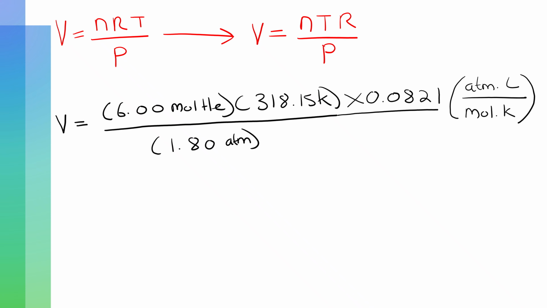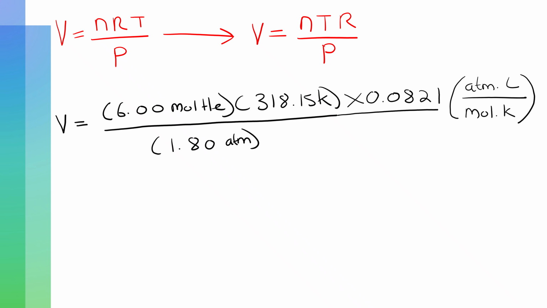So we can move the value of R one position to the right. A slightly updated version of the rearranged equation is V equals N times T times R. So we've essentially swapped the T and the R around, and we're still going to divide that by the pressure.